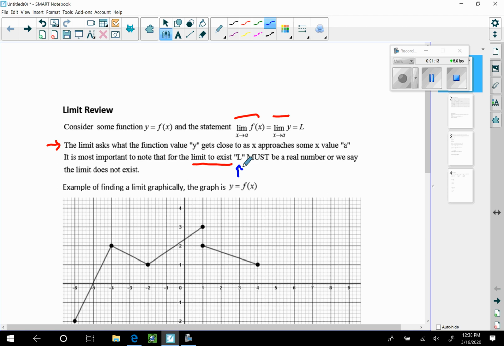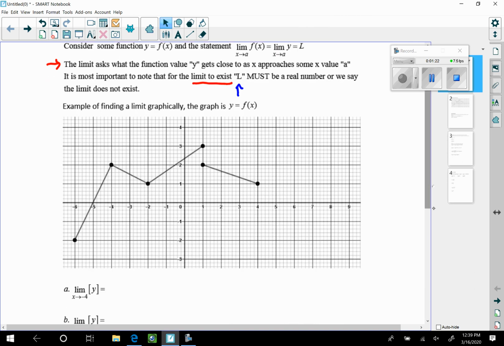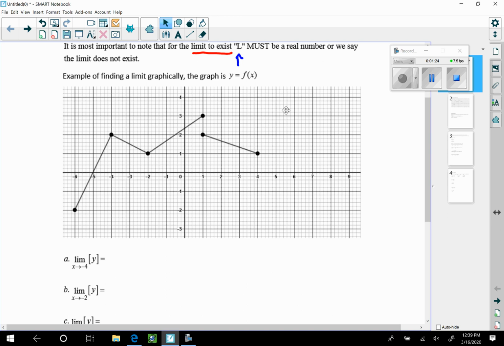So let's start off here with an example of a graphical limit. And we have some limits down below. This is the graph here of y equals f of x. We're talking about the domain from -6 to 4. And the first question is, the limit as x goes to -4 of y.